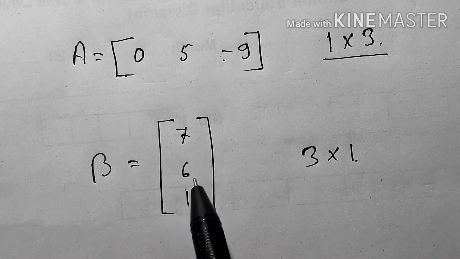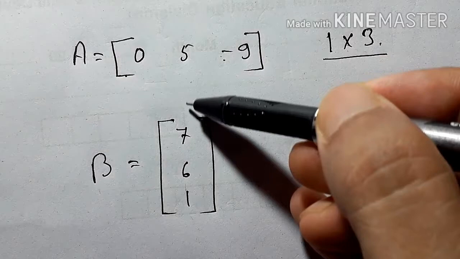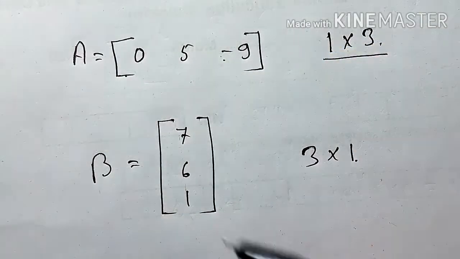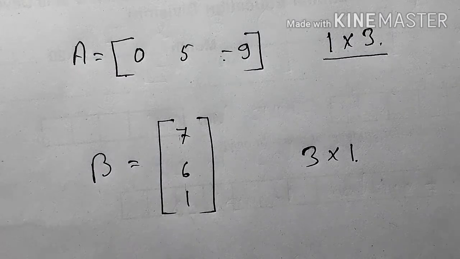This type of matrix is similar to a column, so it is known as a column matrix.